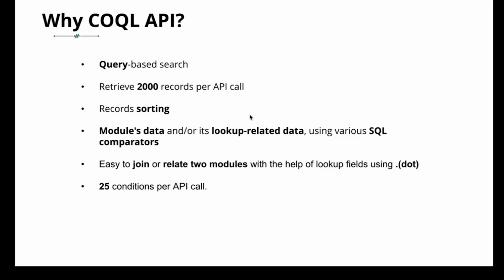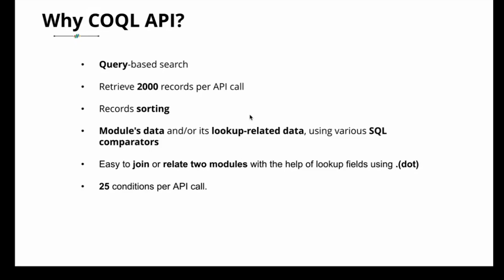When you want to retrieve more records, with Search API you can retrieve up to 200 records per API call, whereas with COQL API you can retrieve up to 2,000 records per API call. You can sort records based on a field, and using different SQL comparators, you can retrieve data about the module or its lookup fields.